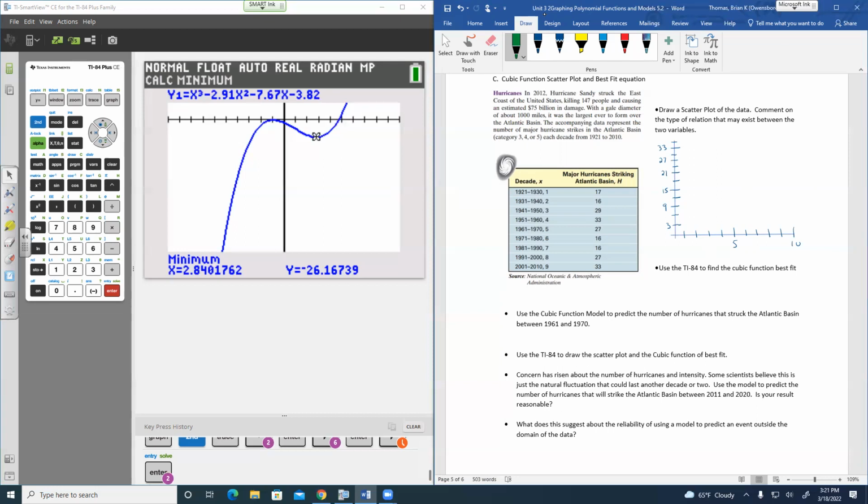So let's draw a scatter plot just using this by hand. 1 would be 16, so (1, 16) would be about here. (1, 17). Let's make that a little bit higher. We're going by 3s on my scale: 3, 6, 9, 12, 15, 18. So 17 is going to be a shade under that.